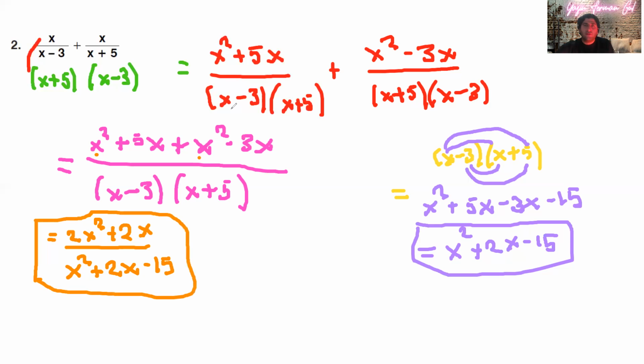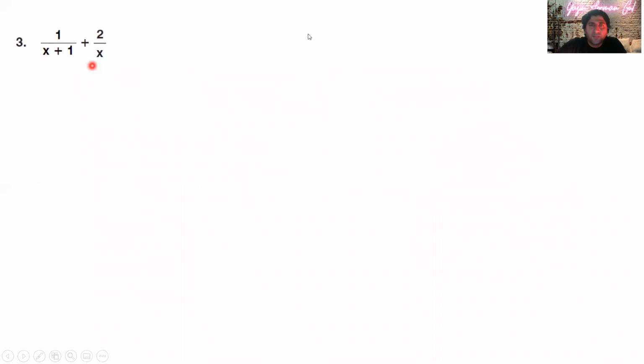Okay, so now let's continue with the next question, which is question 3. Let's see what's happening here. Right, so I'm going to say this times x and this times x plus 1.